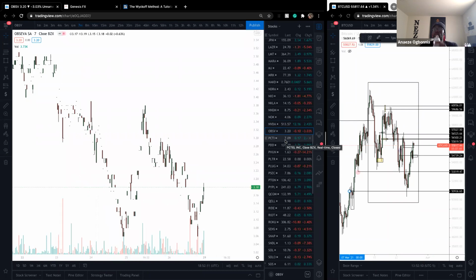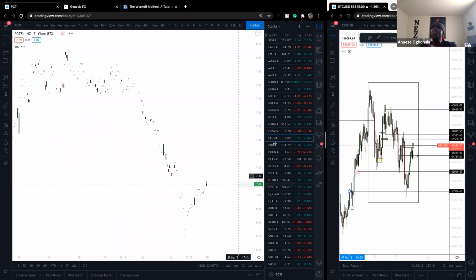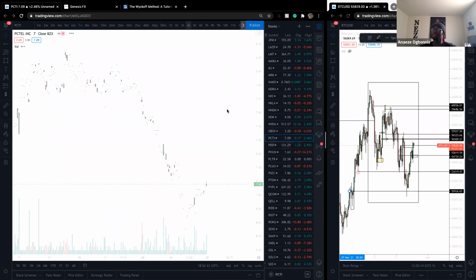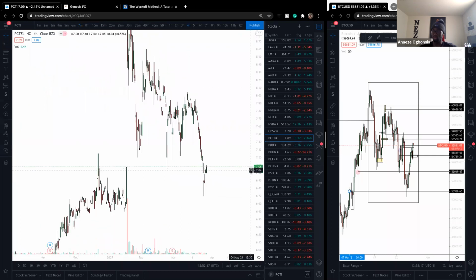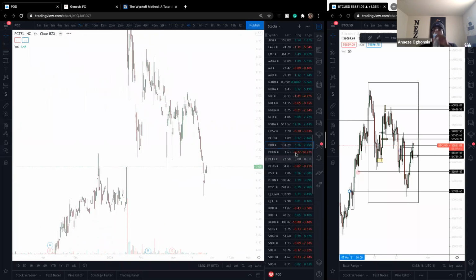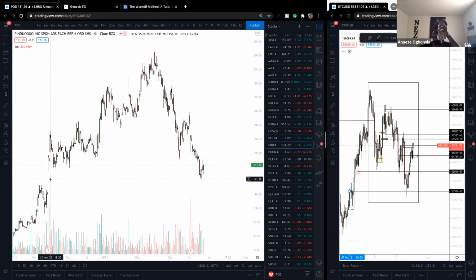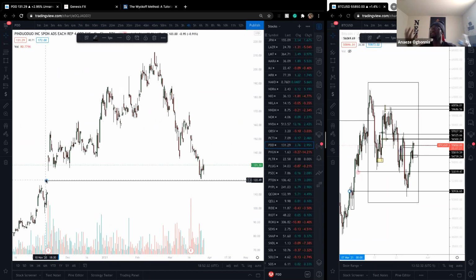PCTI. OB is bearish, by the way, which I believe it is. This is bearish as well. PDD is going to be bearish for now. Whatever it's going to be.